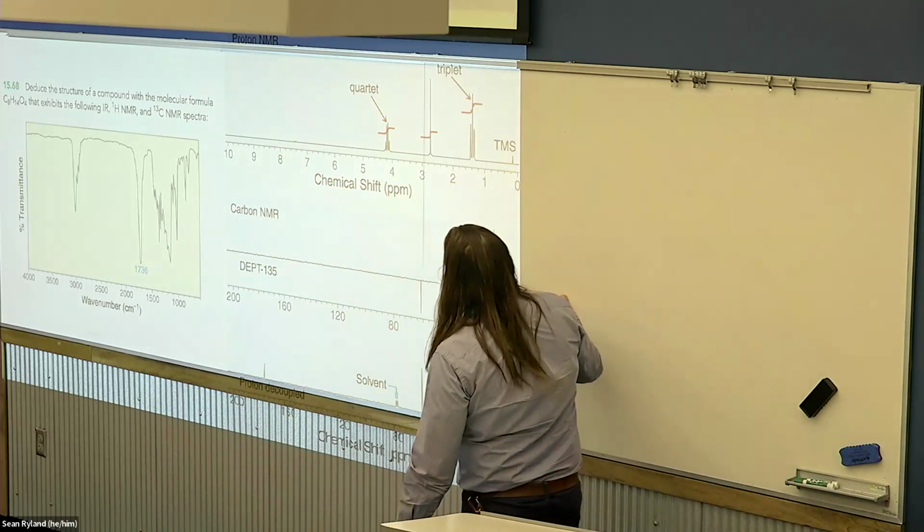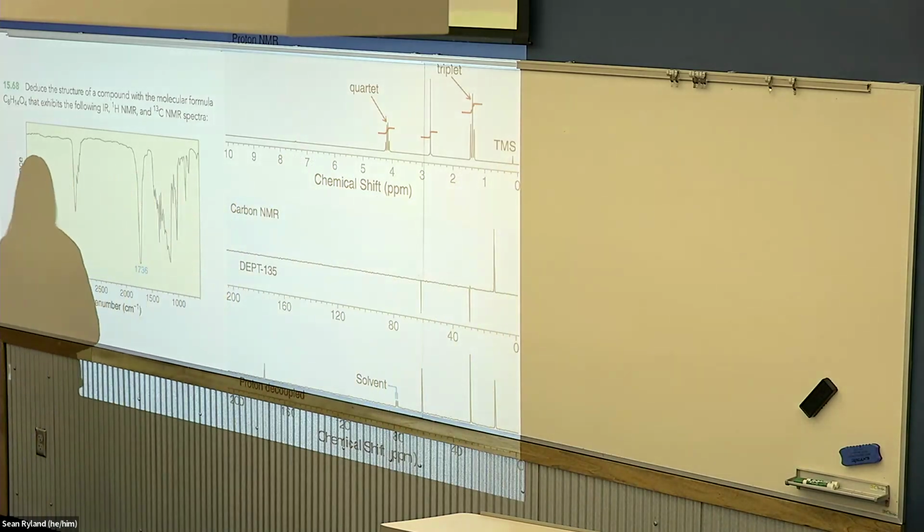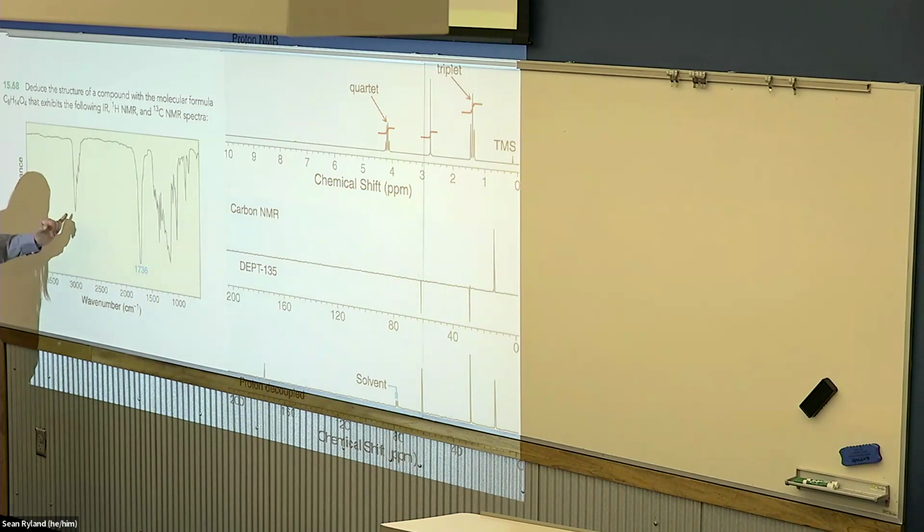So what else can we figure out about this, just in general terms? Only sp3 carbons. It definitely looks like, I would probably get out a ruler, but it looks more like it's going to be all sp3 carbons.